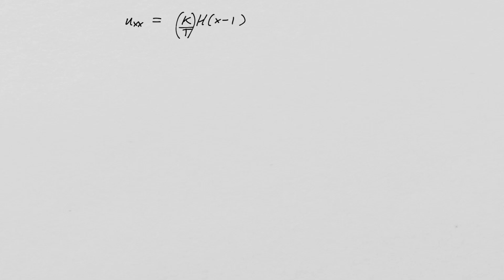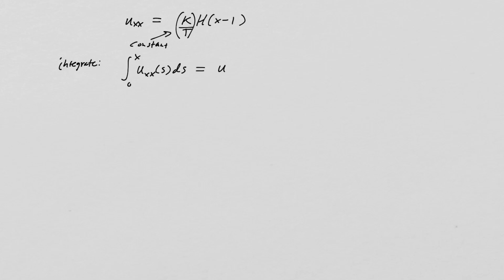So now I have a K over T. Again, that's just going to be some constant. Now what I'm going to do is integrate both sides. So I'm going to integrate from 0 up to x of u_xx, evaluated at our dummy variable, like that.